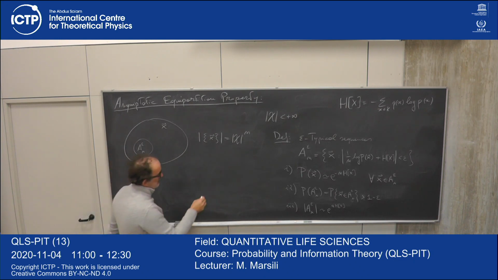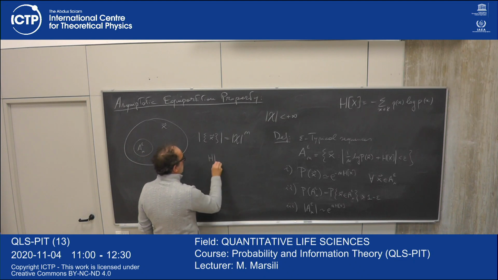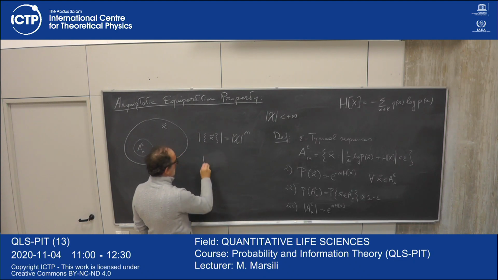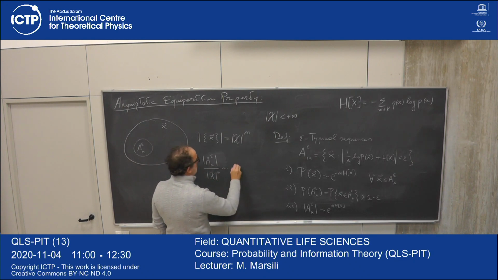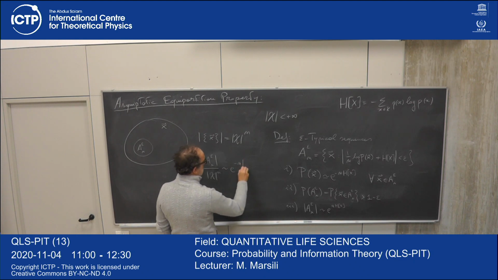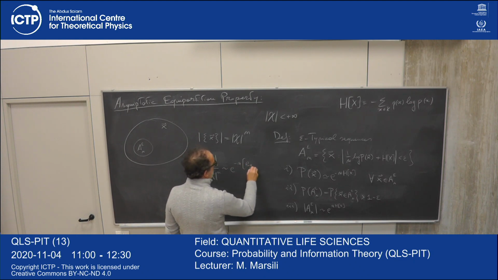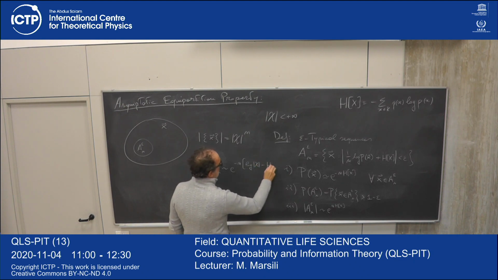Okay, because typically H of x, so if you see, I mean, the fraction of epsilon typical sequences is given by this, and it will be e to the minus n times log of q minus the entropy.